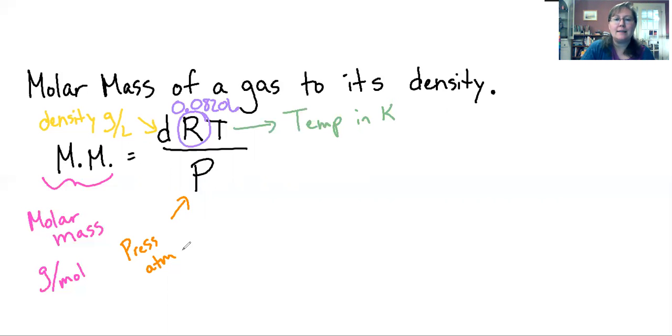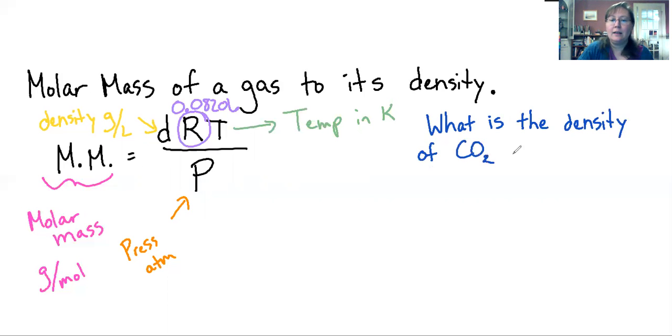For example, let's say, what is the density of carbon dioxide at 15 degrees Celsius and 1.07 atmospheres?